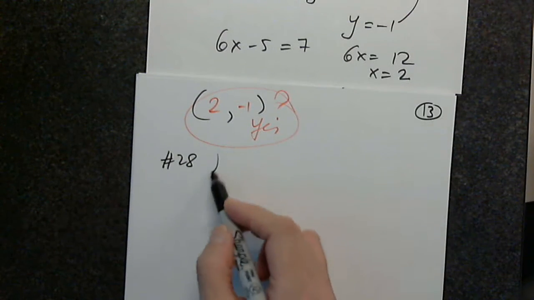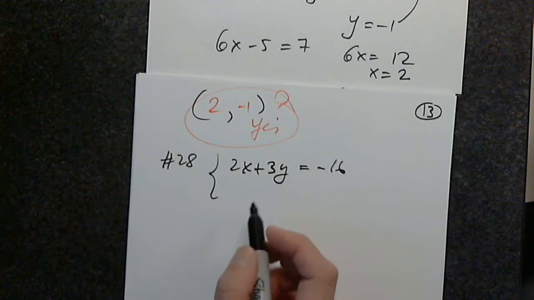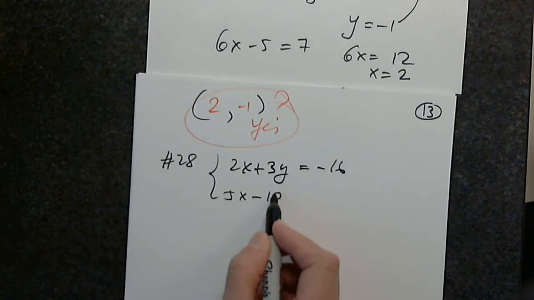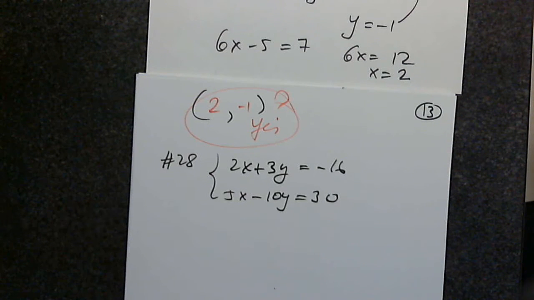In 28, we have 2x plus 3y equals negative 16, and we have 5x minus 10y equals 30. Here I have no choice. No matter whether I would like to eliminate x or y, I have to multiply both equations by a number.